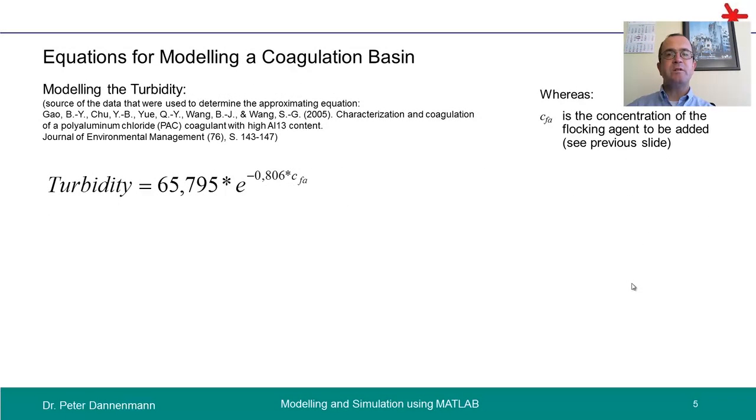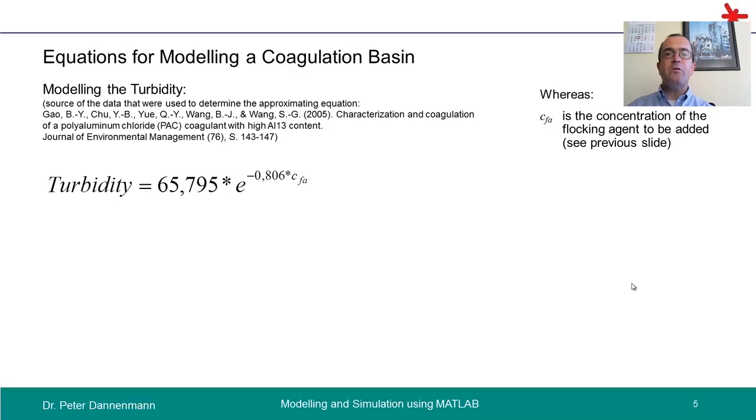By the use of the flocking agent, the suspended particles that were initially dispersed in the raw water are clogged to larger units. Therefore, the dispersed particles that cause the turbidity of the water disappear.